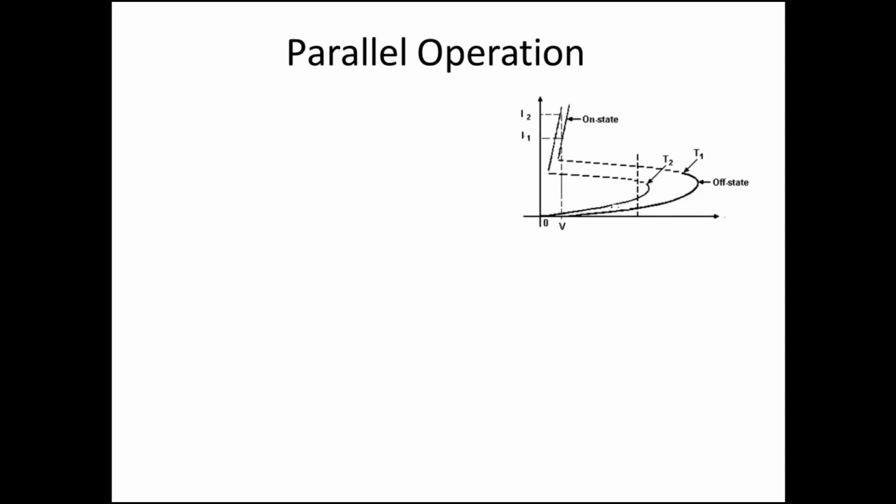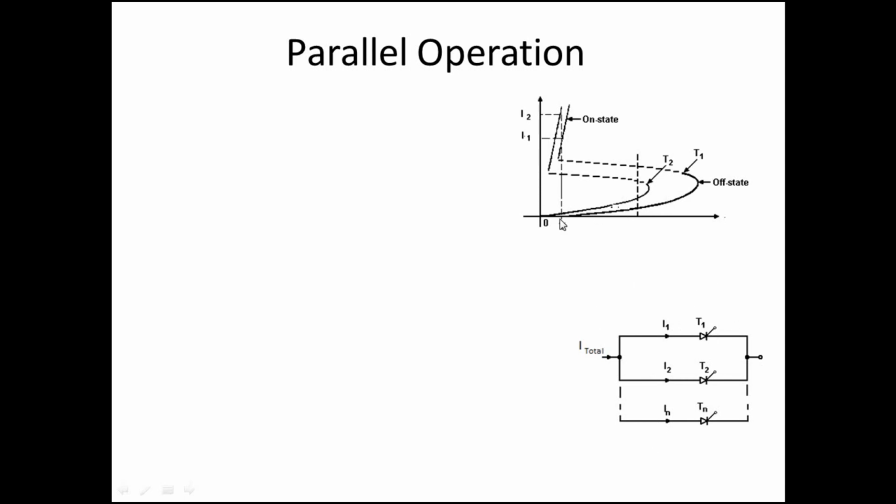Next is parallel operation. In parallel operation, the operation is occurring during the on condition, because current is flowing while on. So here also, the voltage across the thyristors will be equal, since they are in parallel.